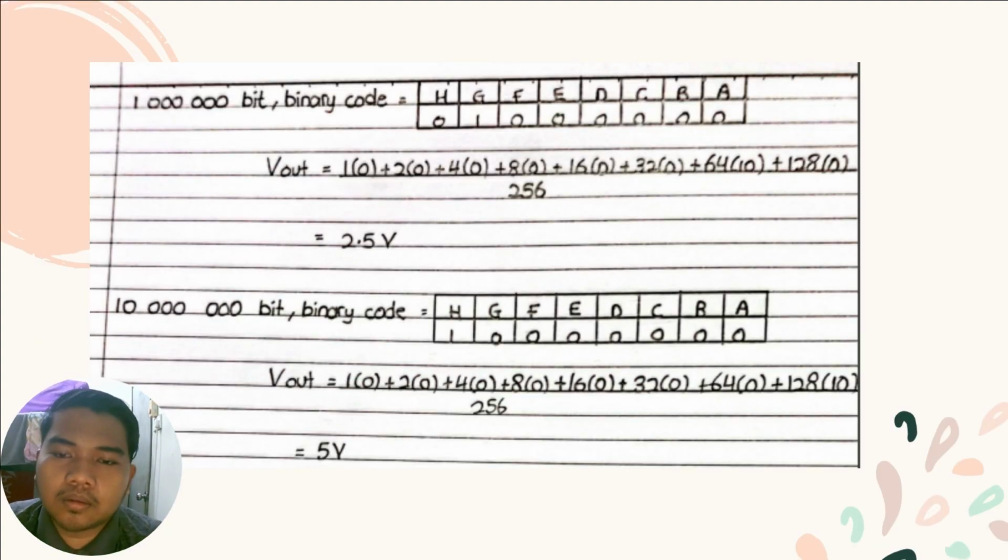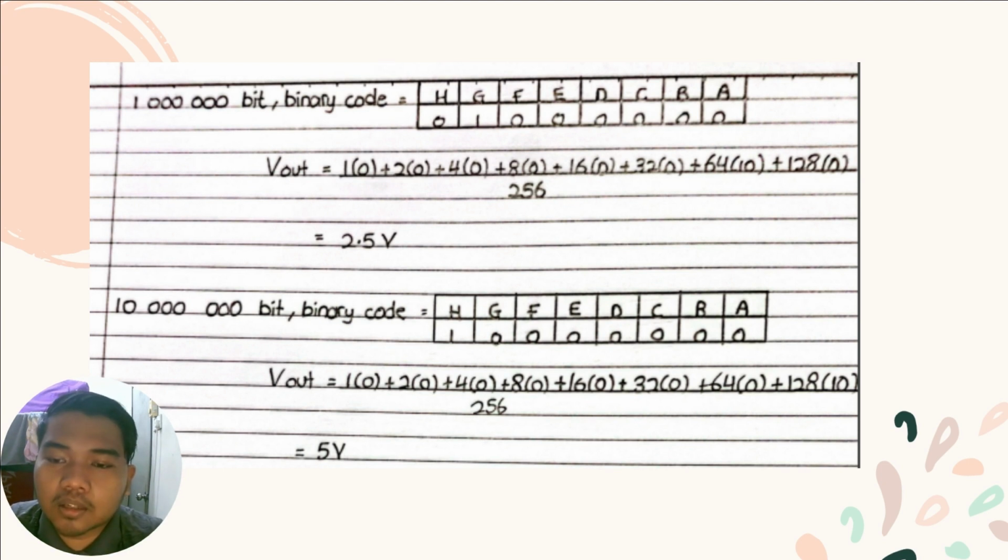For the 1 million bit, the Vout is 2.5 volt, by calculation 64 times 10 over 256. And for the 10 million bit, we use 128 times 10 over 256, and we get 5 volt for Vout.